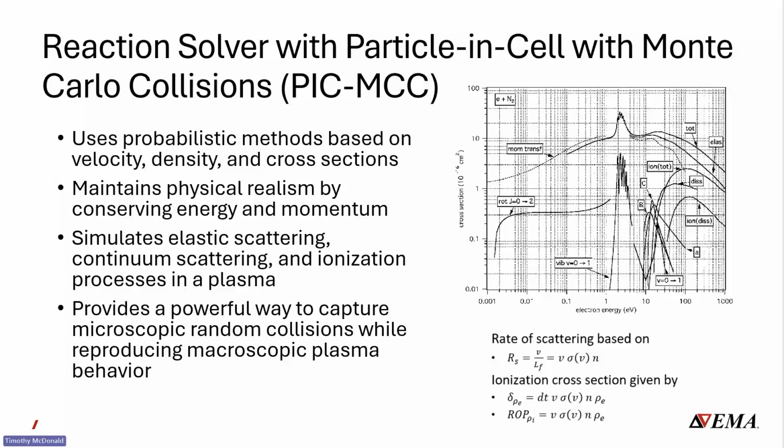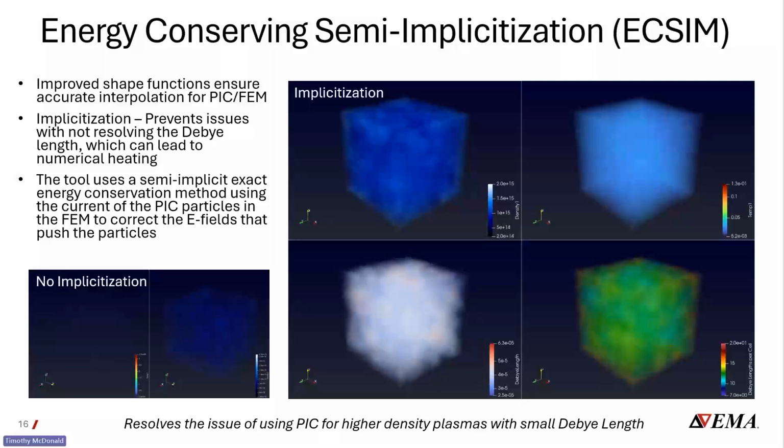So the number of species in our plasma may grow due to the ionization that happens from the fields. And then we've got the coupling to plasma dynamics. These are ionization processes that feed back into the plasma density and the electric field evolution. And that makes the PIC-MCC solver fully self-consistent. So as you can see here, just a few of those scattering cross-section equations are listed there.